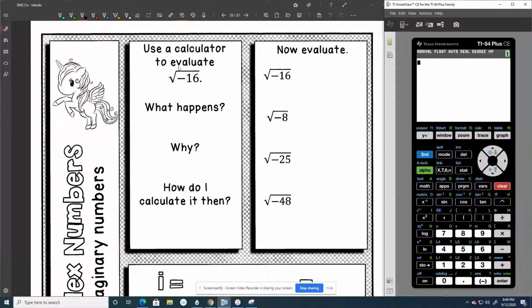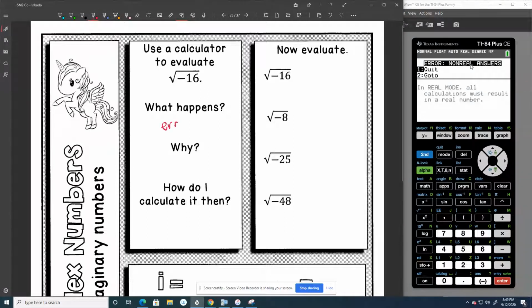If you use your calculator to evaluate root negative 16, so if I try to take the square root of negative 16, I end up with an error, and it says non-real answers. I get an error because if you remember, the square root means two of the same number that multiply together to equal negative 16.